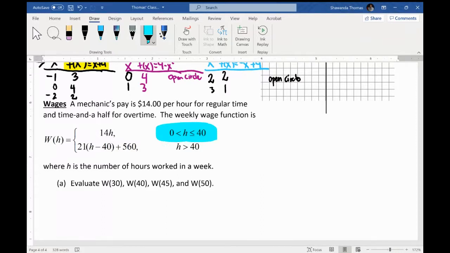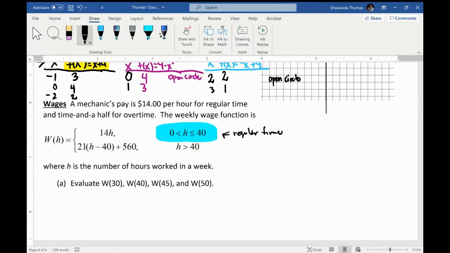We think that means $14 per hour when what happens? When you work 40 hours or less. Very good. So for this, we're on the regular time. This piece is for the regular time, your regular work schedule.